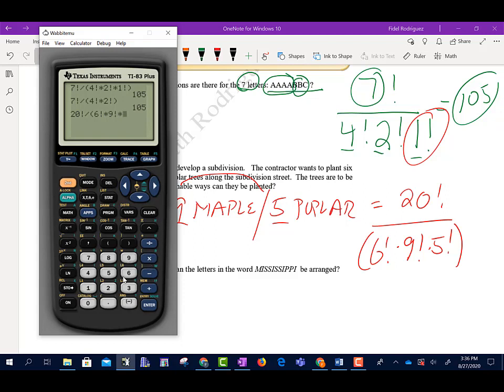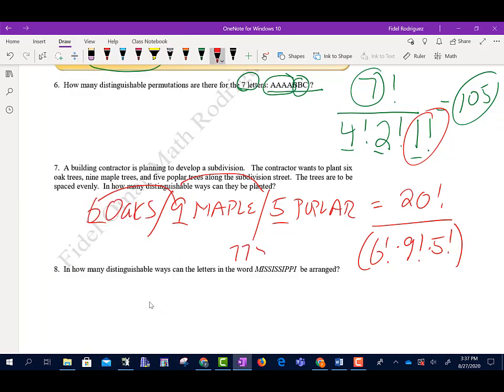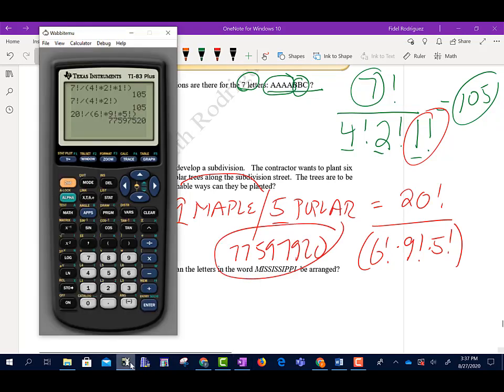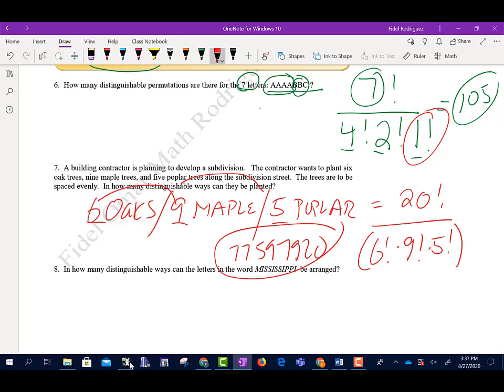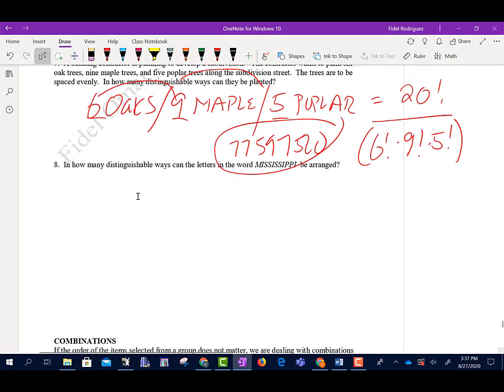Times 5 factorial, 5, math, factorial, enter, close off my parentheses, and hit enter. And I get 7,759,... 7,520. Oops. Fix that real quick. 7,520. There we go.